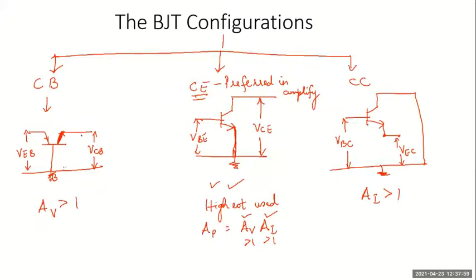Whereas the other two configurations can't give us both. They either give you voltage gain, which is possible in common base, or current gain, which is possible in common collector, but not both. So almost in all amplifiers, we always use common emitter configuration preferably.